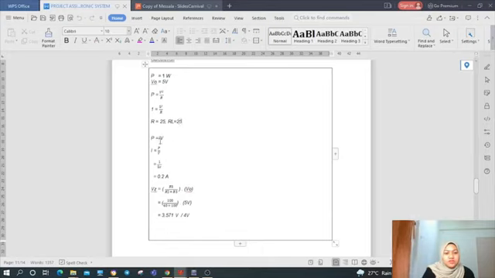Second, we calculate the current using the power formula P equals current times volt, and we substitute all the values, and the final answer is 0.2 ampere.